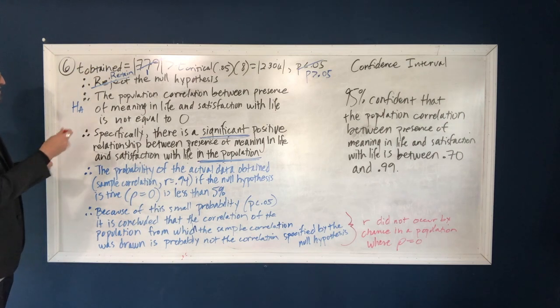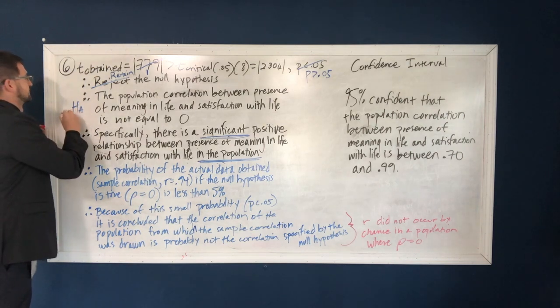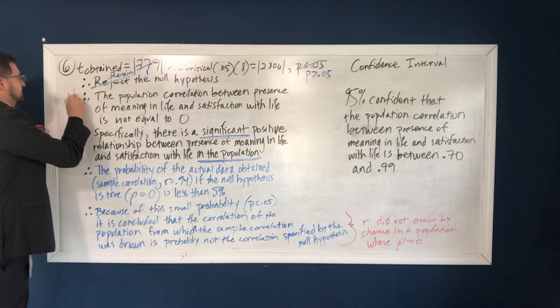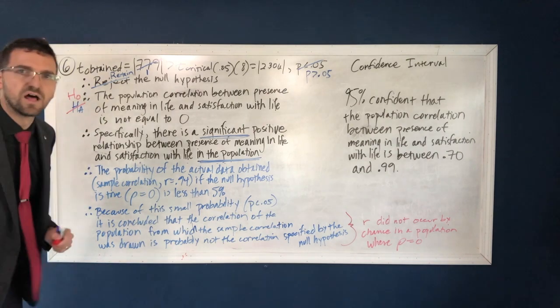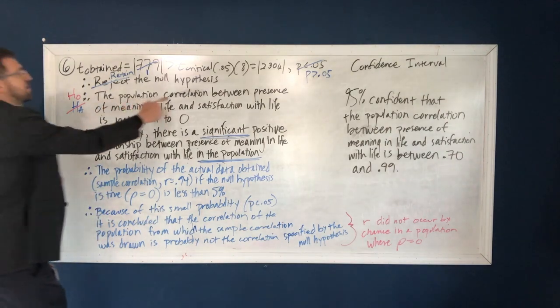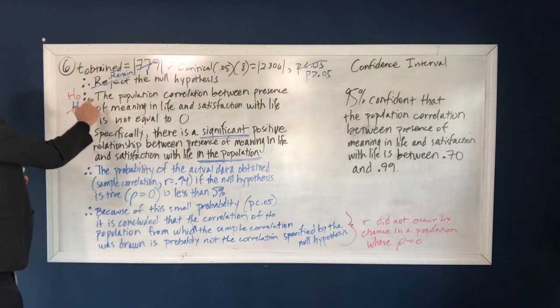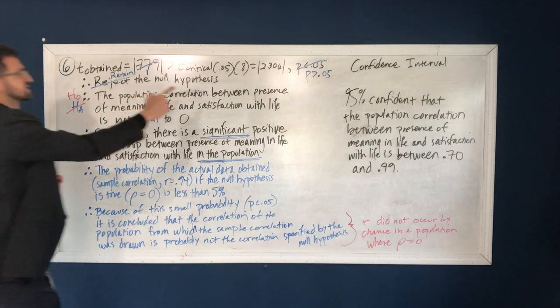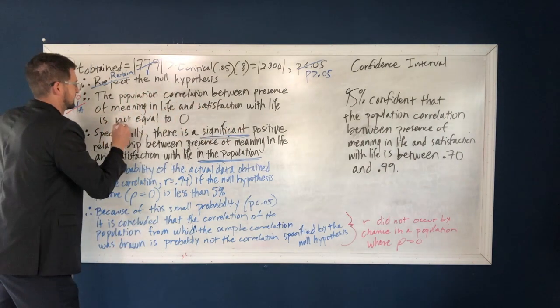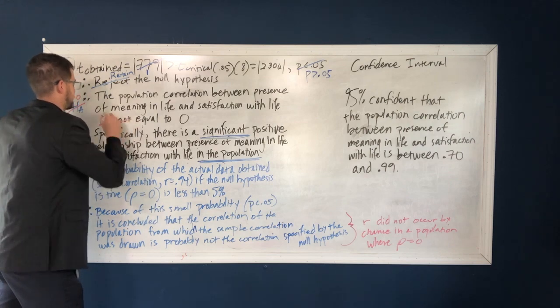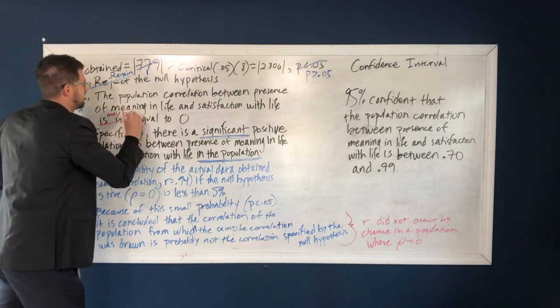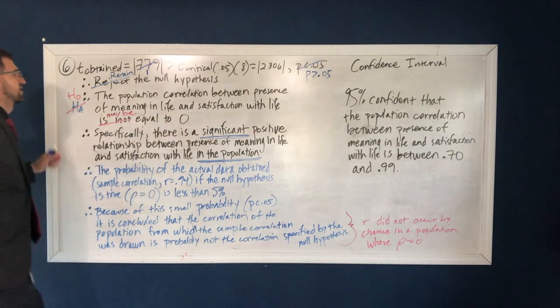So instead of interpreting the alternative hypothesis, we would interpret the null hypothesis, and we would say the population correlation between presence of meaning in life and satisfaction with life may be equal to 0.